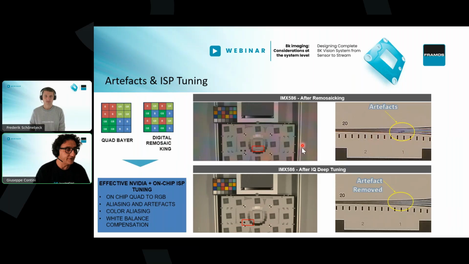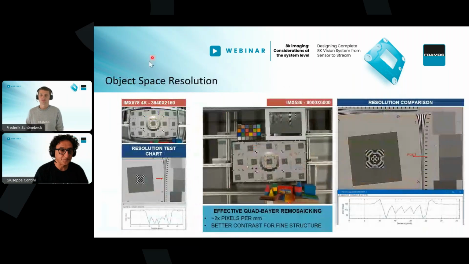So this is a concrete case that we have recognized and solved as a tuning: on-chip tuning, aliasing and artifact, color aliasing, sorry, and white balance compensation due to this red ghost here.